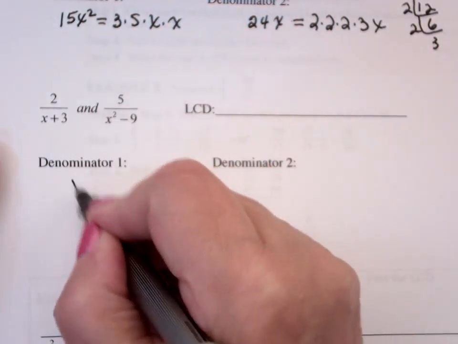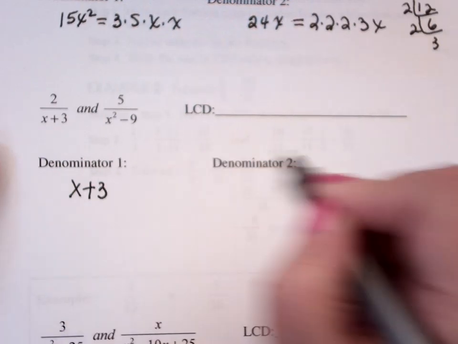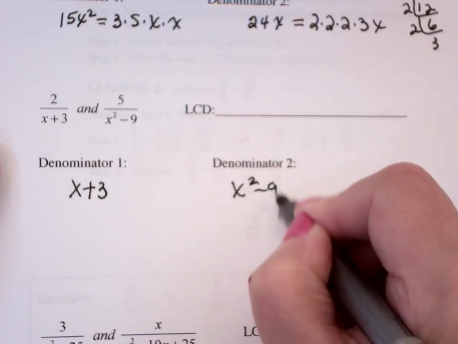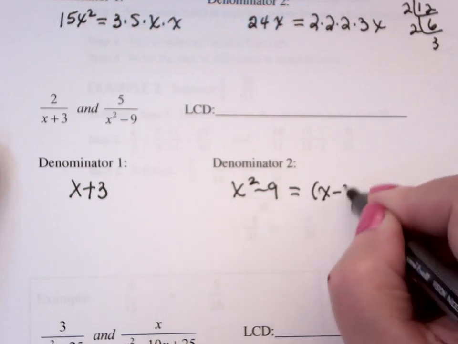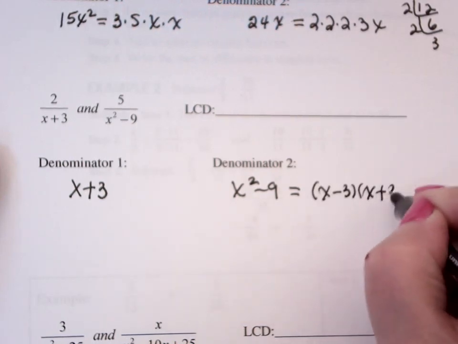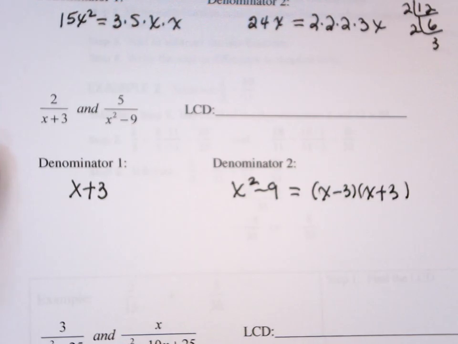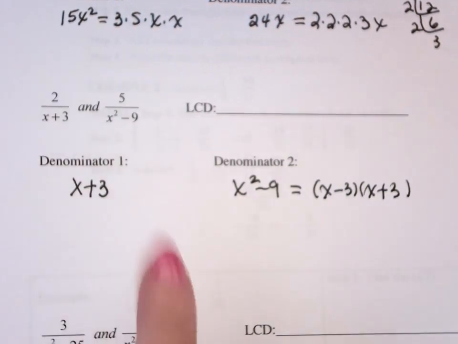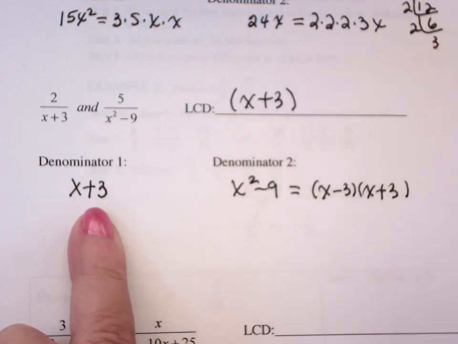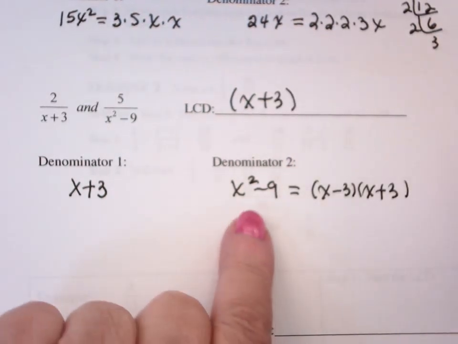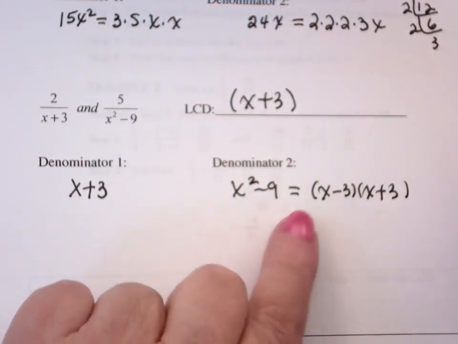Then dem 1 is x plus 3, and dem 2 is x squared minus 9. Well, x squared minus 9 is x minus 3 times x plus 3. So now I throw somebody into the pool, and I'm going to throw an x plus 3 in. And if x squared minus 9 is there, I must have an x minus 3, which I don't have.